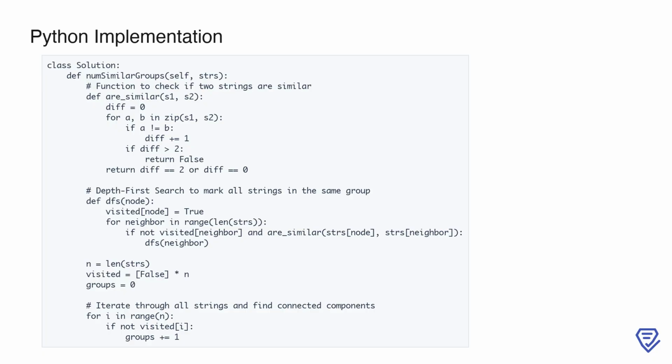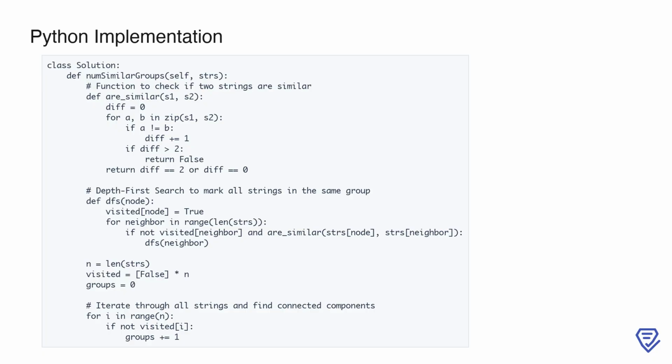For each pair of characters, if they differ, we increment a counter called diff. If the difference exceeds 2, the function immediately returns false, as the strings cannot be similar. Otherwise, the function returns true if the difference is exactly 2 or 0. This ensures that similarity is defined as either having no differences or being able to swap 2 characters to match.